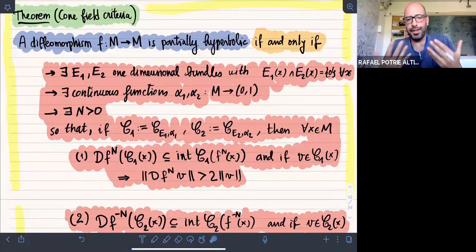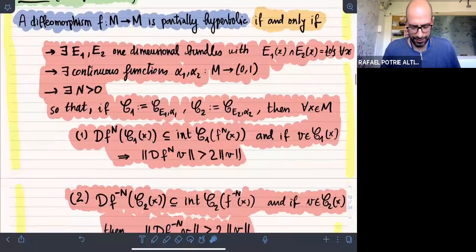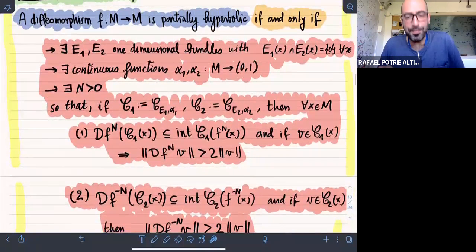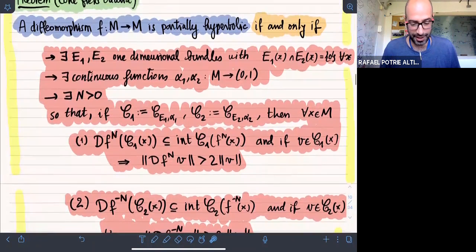I think the natural one is this one for many reasons, in particular because this is the kind of condition that is implied by robust properties, such as robust transitivity and stuff like that. But okay, it's my fault. I'm being very technical, and so this makes this quite technical.